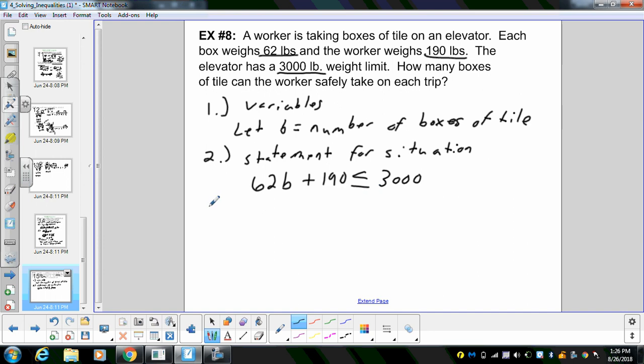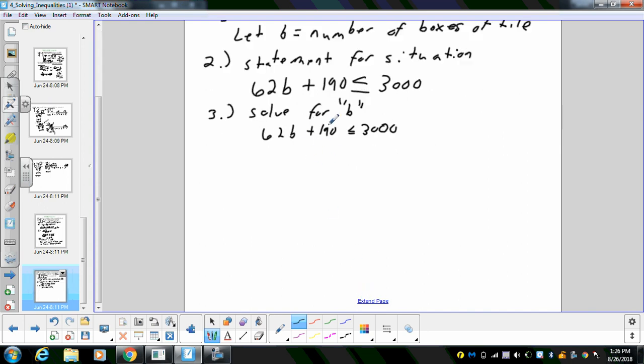All right, so then 3, let's solve for B. I'm going to take my 62B plus 190, which is less than or equal to 3,000. And I'm going to get rid of my constant first.